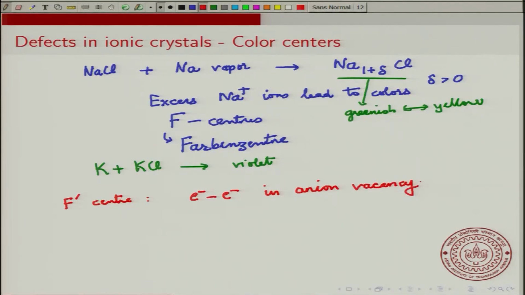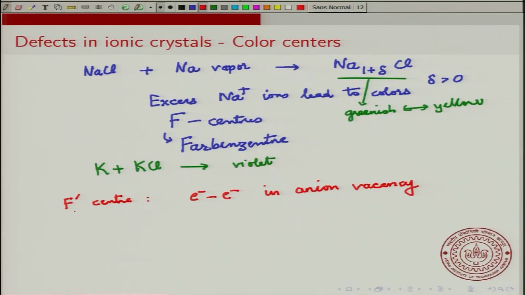So you can think of it this way: you have an anion missing from some site, and in that site there is a pair of electrons. That would lead to an F prime center. This is found in calcium fluoride, CaF2.